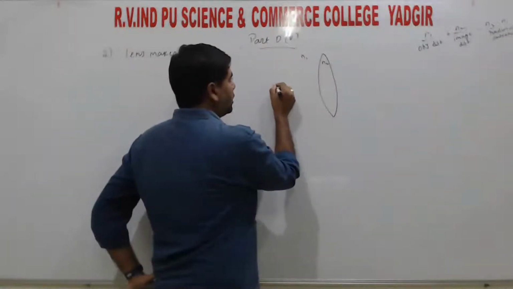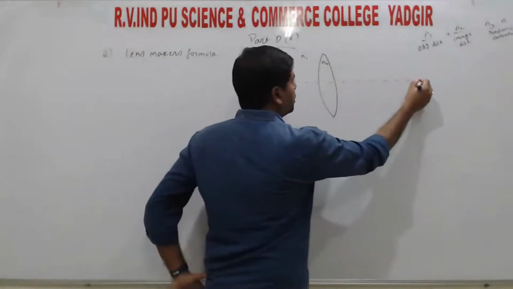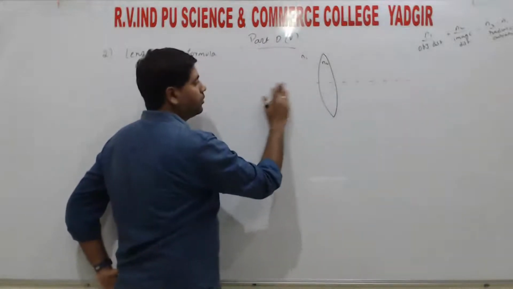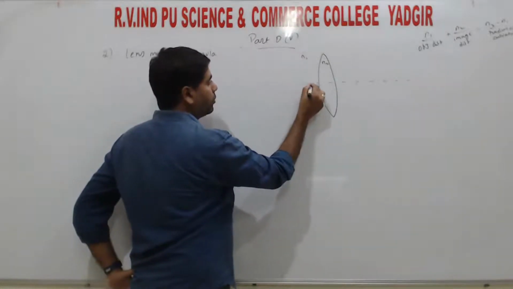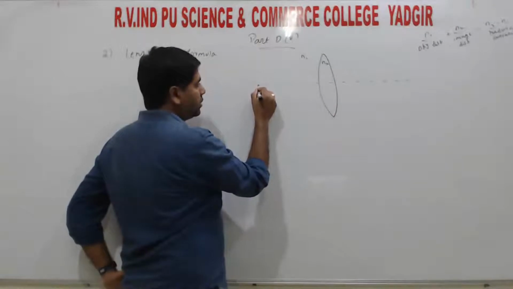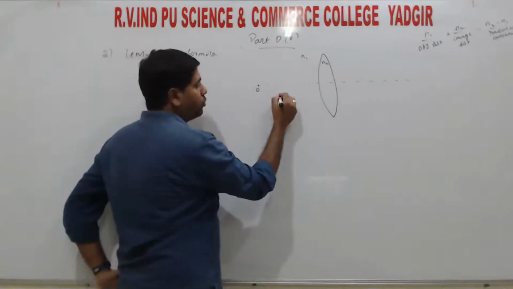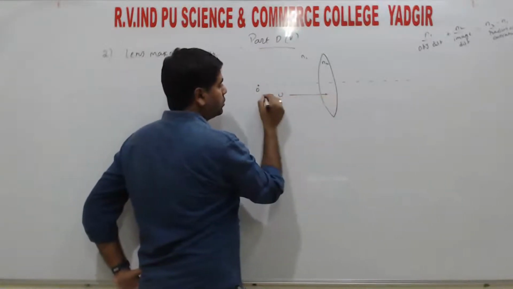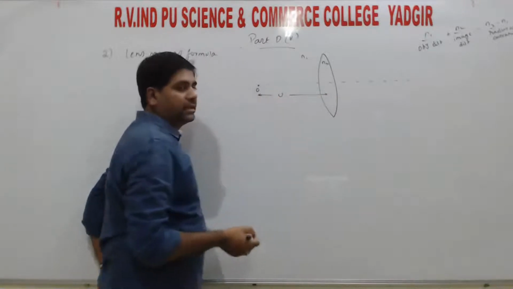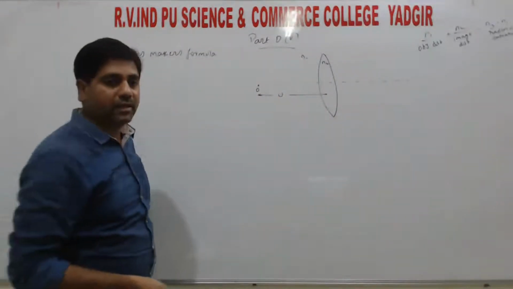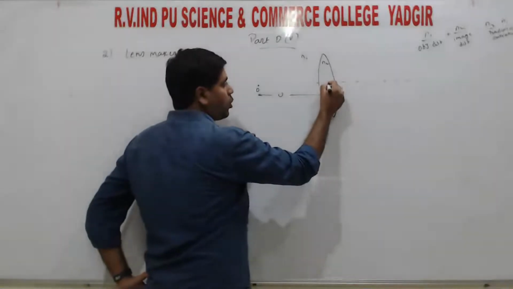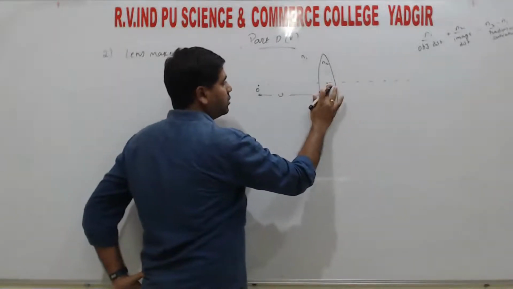So again here also, first draw the principal axis. So consider the object at a distance u from the center of the lens, that we call the optic center. So the center of the lens we call the optic center, right?